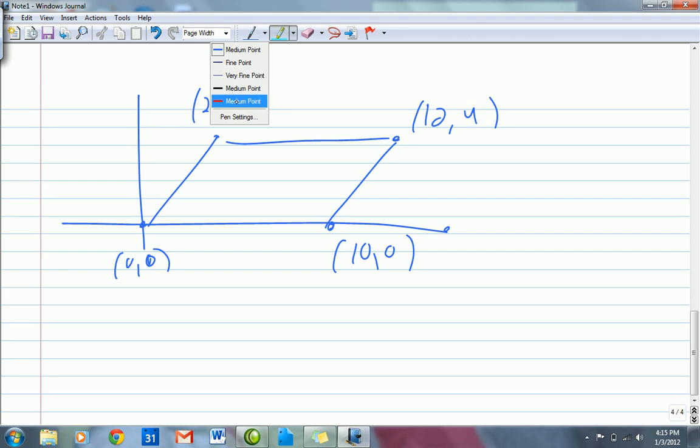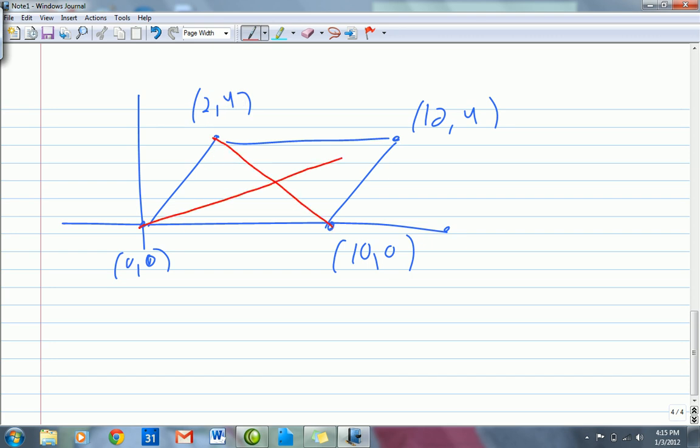What I do want to do, however, is establish that the diagonals, though they're not congruent, do bisect each other. And so one way to do that is to show that they have the same midpoint. So I'm going to find the midpoint of this first diagonal by using the midpoint formula.